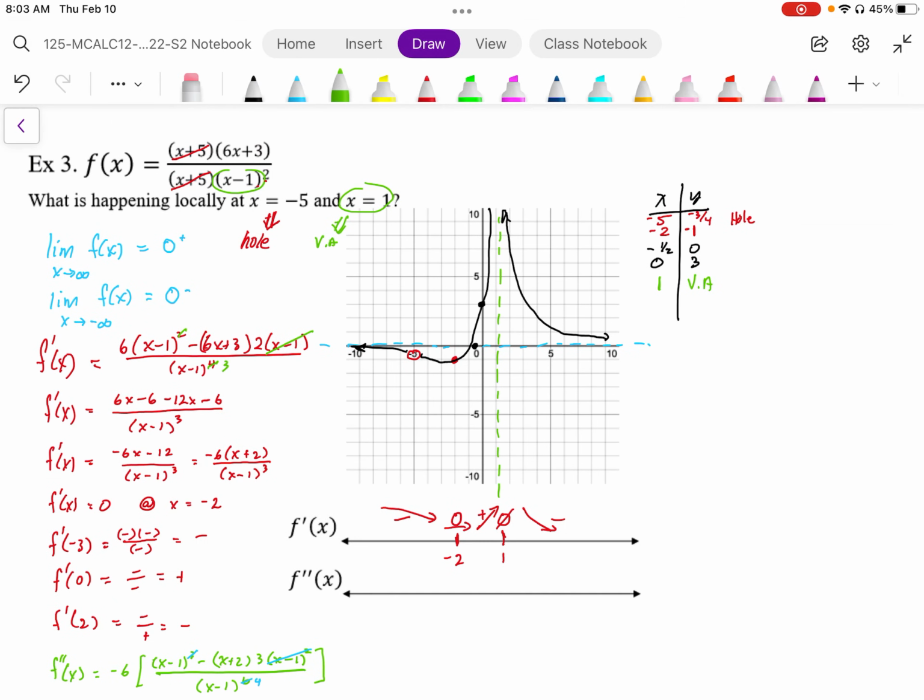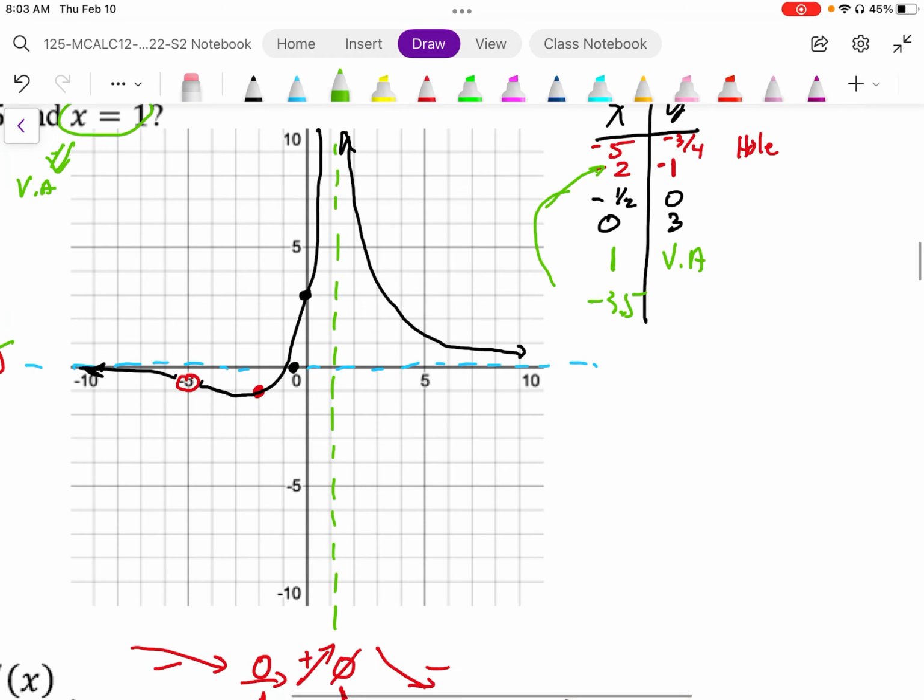Okay, so I'm going to put that into my chart here. Well, I'm going to have to put that over here. Although it fits in here, -3.5 really kind of goes up there, but -3.5 as my coordinate.